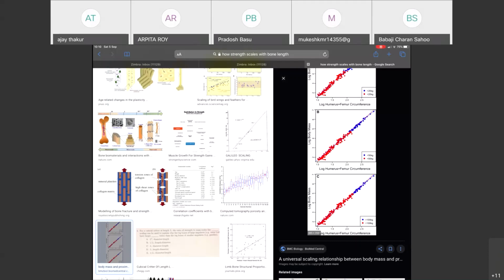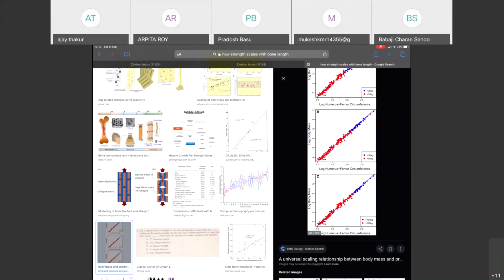So this is 5 divided by 1.8. The slope turns out to be 5 divided by 1.8, which is close to 3, right?